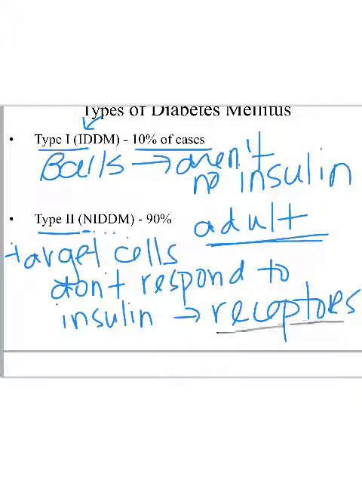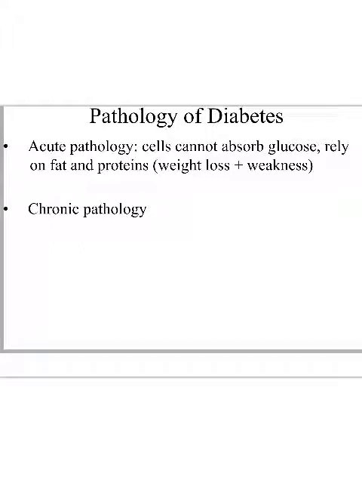We kind of break the receptors by eating too much sugar, and there's genetics. There are 3 major risk factors for type 2: heredity, your age, the older you get, and obesity. Your pancreas is still making insulin, but the cells can't pick it up. Now there are a couple other kinds of diabetes, and I don't have them in here, but these are the 2 main ones for right now.